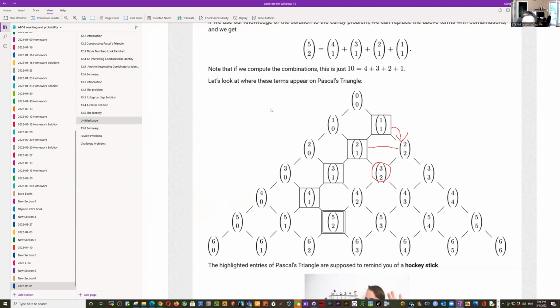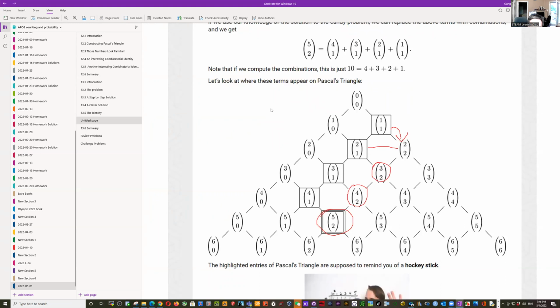So the sum of the previous numbers follows this path, shadowing it. Sum up to here will shadow to here. Then those two add up to be the final number. So the sum of the numbers will shadow this hockey stick.